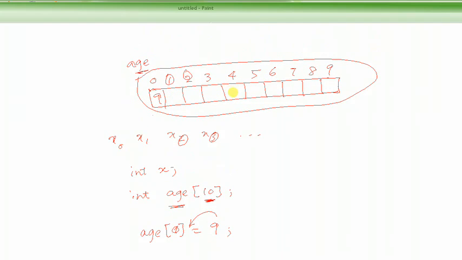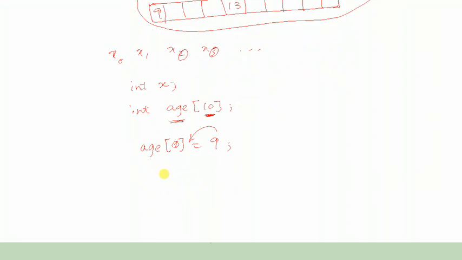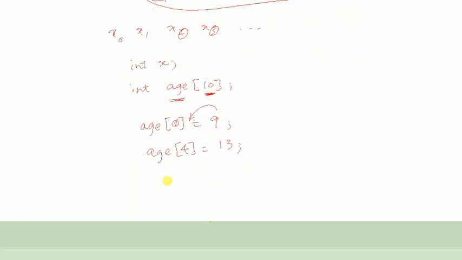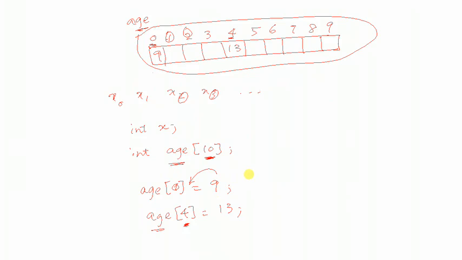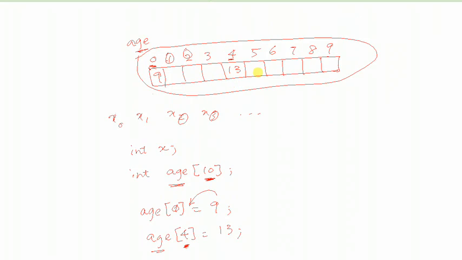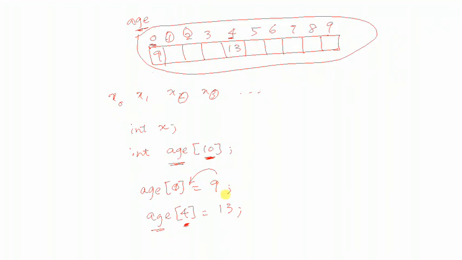If I want to put 13 here, age of 4 is equal to 13. It's the age of the student whose ID is 4. So the age of the student whose ID is 0 is 9, the age of the student whose ID is 4 is 13, and so on. This is how you access the individual elements in an array.